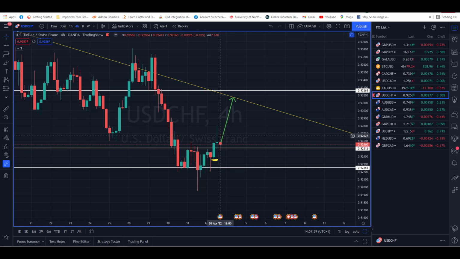So what we're going to do concerning this opportunity, many of you out there have your trading strategies that tell you when to buy and when to sell. So you have to look at the USDCHF. If you see a buy signal, you just take it, and if you see a sell signal, just ignore it, because there is a higher probability that it's going to go up than going down.